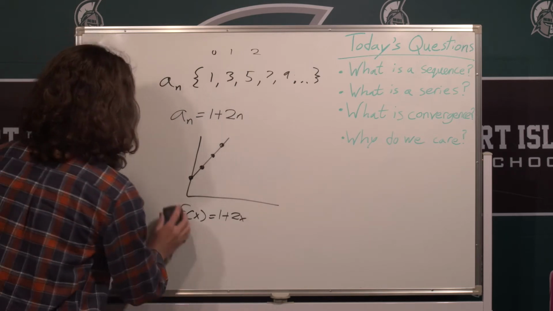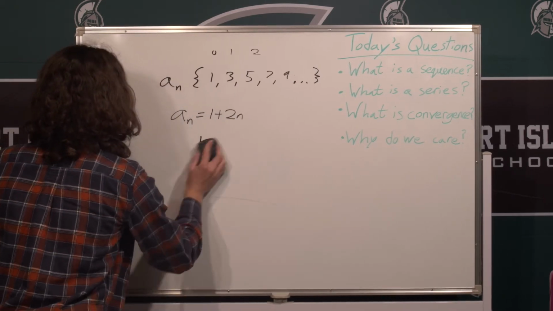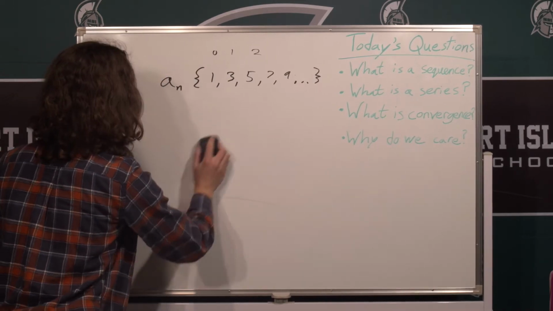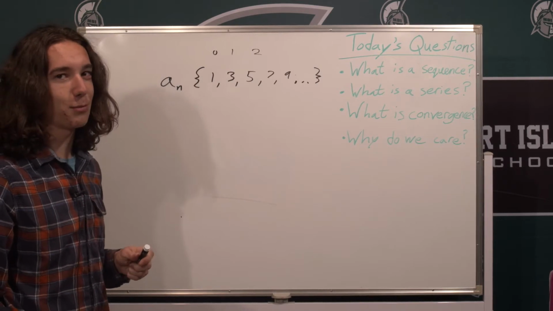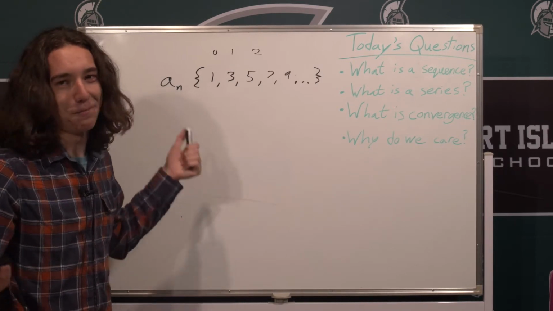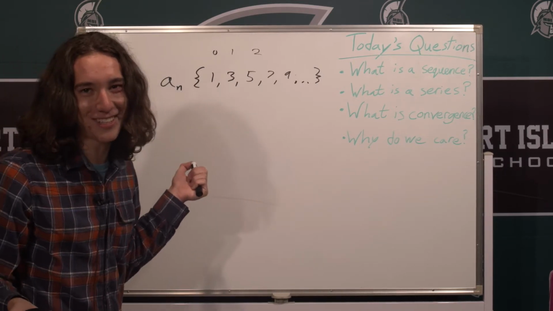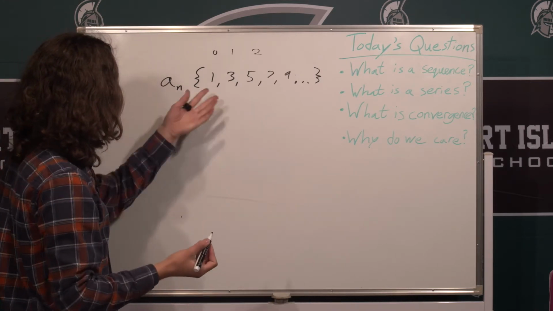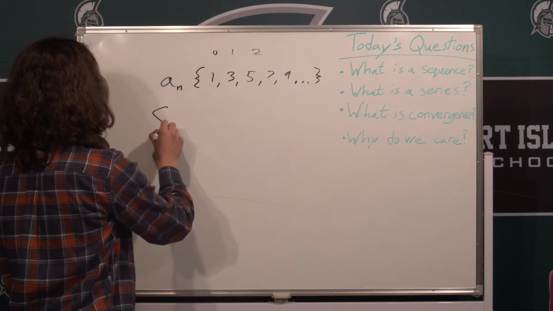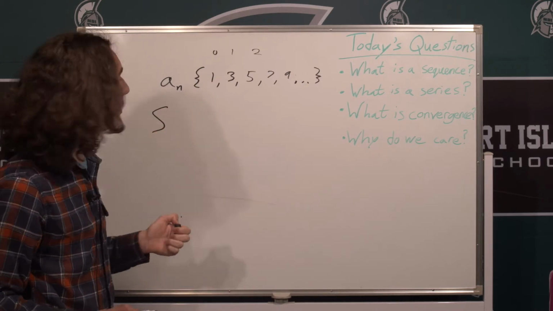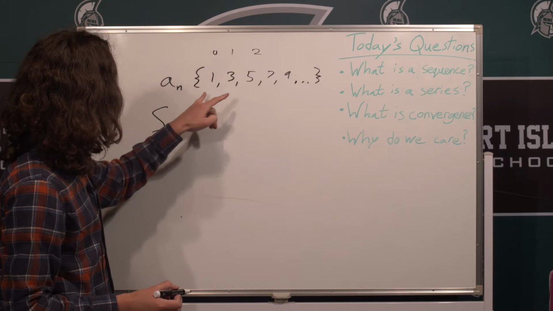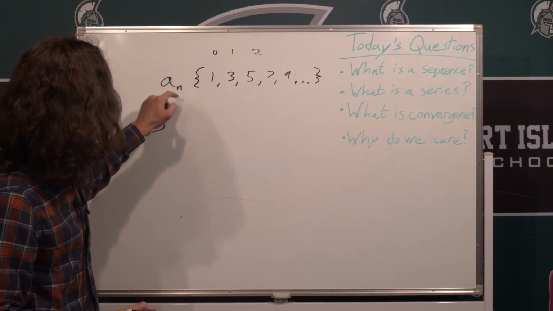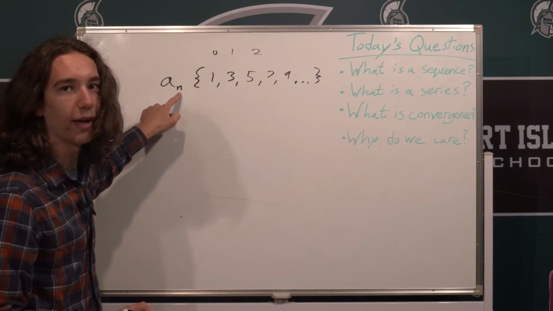A series is just the next step. You look at a list of numbers and you go, oh boy, that sure is a list of numbers. What can we do with them? Not much. A series is just adding them up. Like, if you want to take the sum, which you represent with this big S, of all the terms of a sub n, which is what you'd call this little subscript, you'd pronounce this as a sub n.